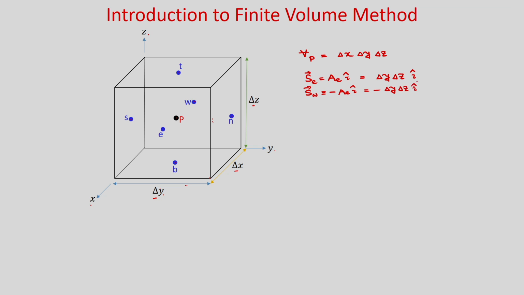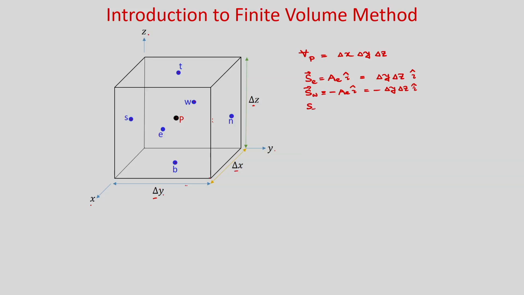So we are considering an orthogonal Cartesian mesh. So obviously the magnitude of the surface area vector A E is equal to A W, which is the magnitude of the surface vector of the west face. Similarly S N, you can write A north in the j direction, so it is the unit normal in the j direction.